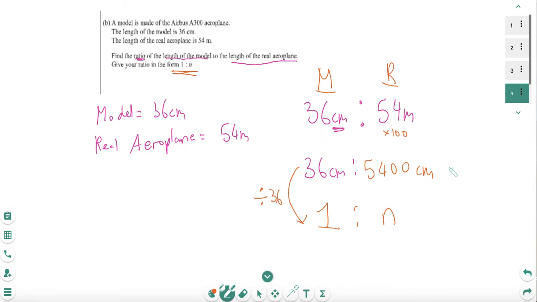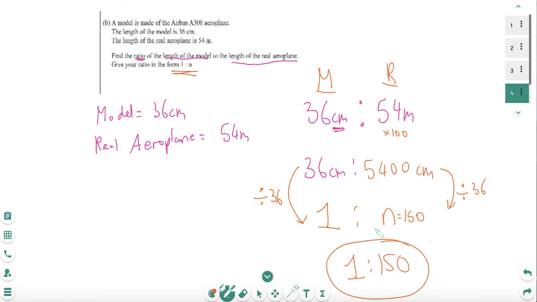So you divide one side by 36, you've got to divide the other side by 36. So 5,400 divided by 36. What does that make? 150. So n is equal to 150. So the ratio in the form of 1 to n is 1 to 150. So we found the value of n. So this is our answer.